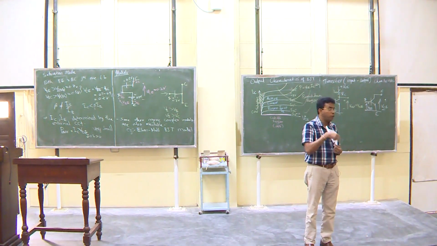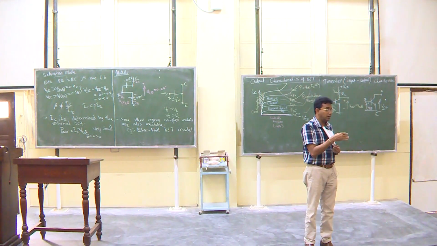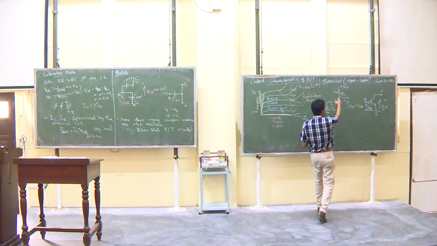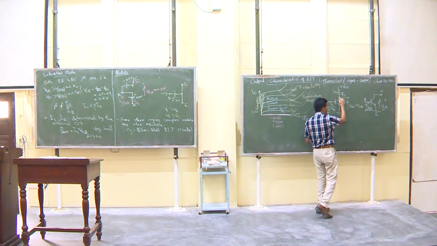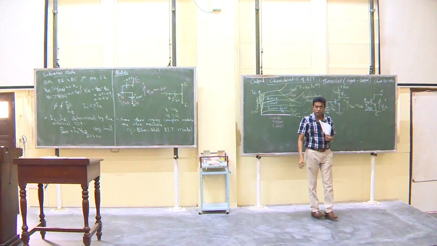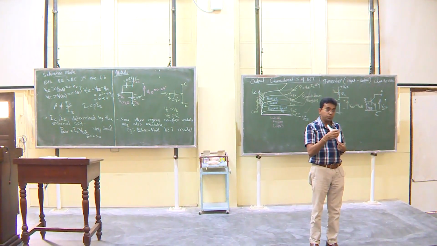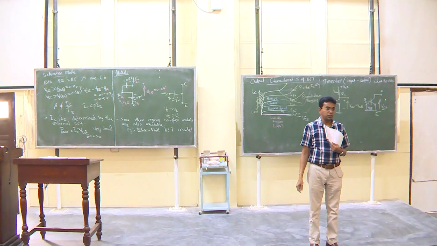If VBE is less than 0.7, that means my transistor is in cutoff region. If it is in cutoff region, there is no IC, IC will be 0. If IC is 0, there will be no voltage drop across this resistor. If there is no drop across this resistor, since this voltage is VCC, this same voltage will appear across the output. So, if my VBE input voltage is very low, less than 0.7, output will be equal to the supply voltage VCC.